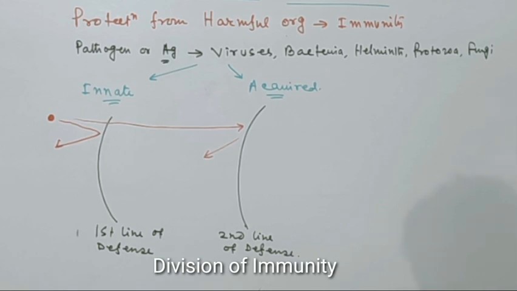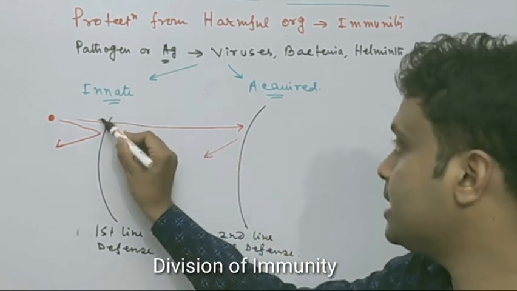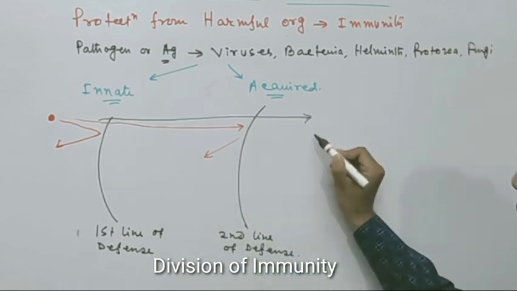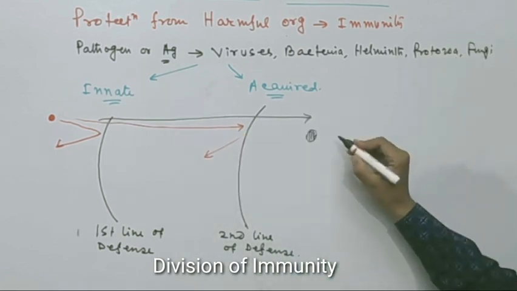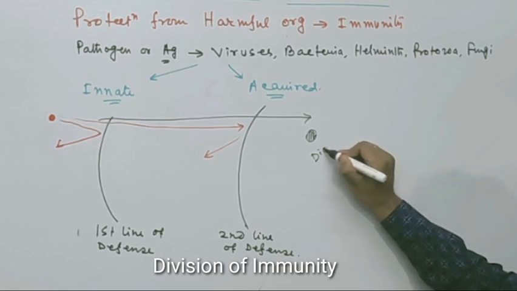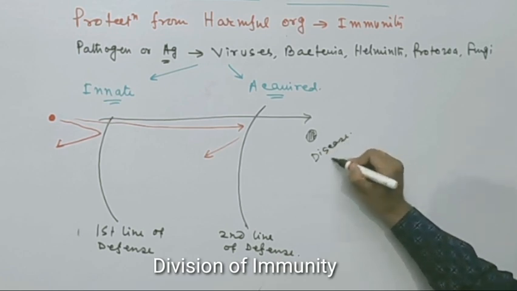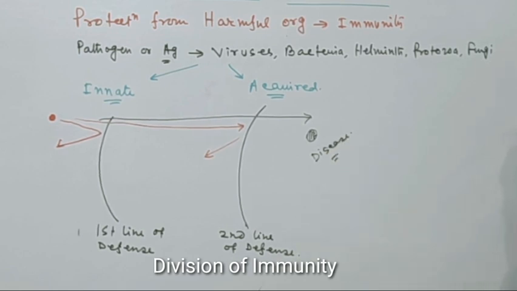But if they cross this barrier, then this pathogen will cause the disease. So this is the concept of innate and acquired immunity.